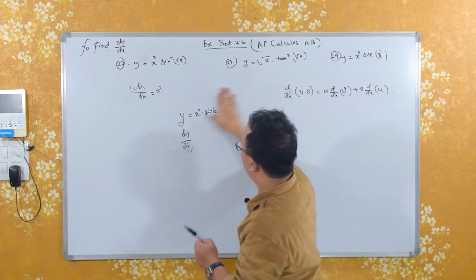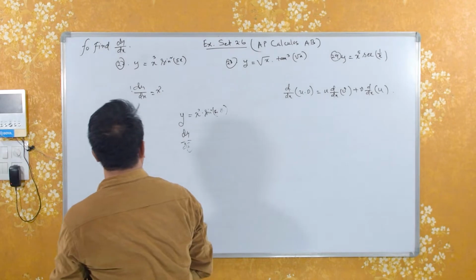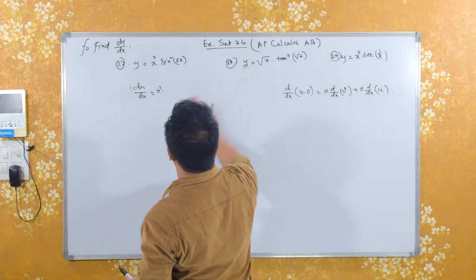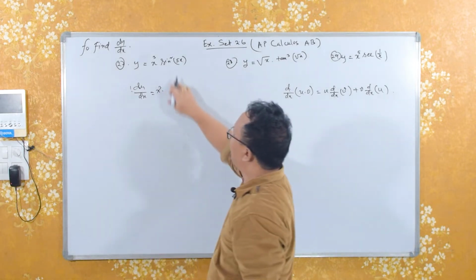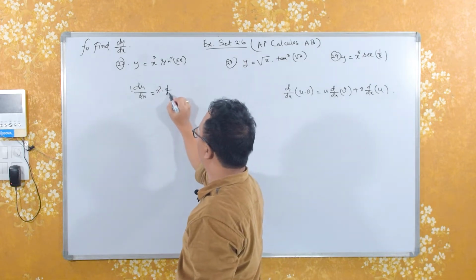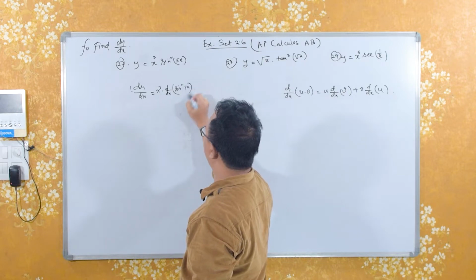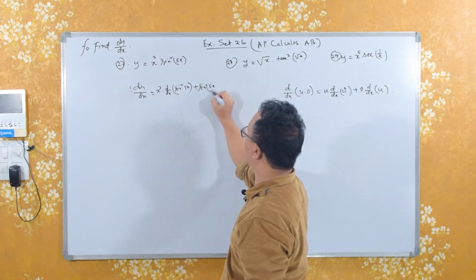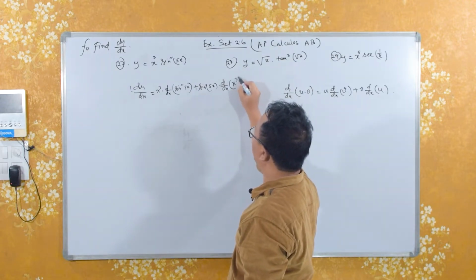Now applying the u into v rule: x cube into d by dx of sine square 5x, plus sine square 5x into d by dx of x cube.